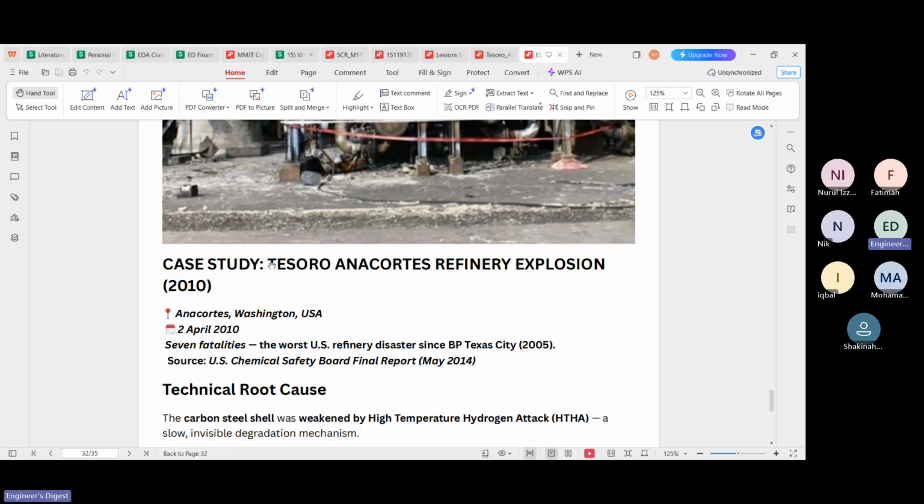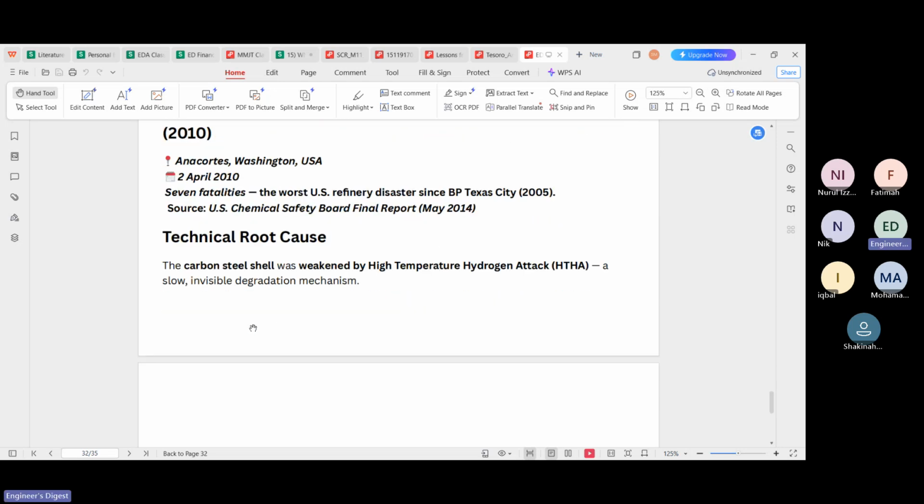So the Tesoro case study, this is in the US, Washington, happened in 2010 with 7 fatalities. The carbon steel shell was weakened by high temperature hydrogen attack. So when you see this HTHA, you understand this is high temperature first, and then hydrogen attack.